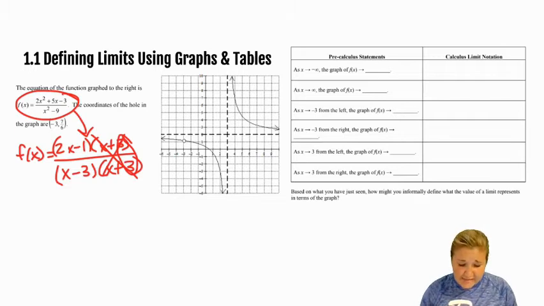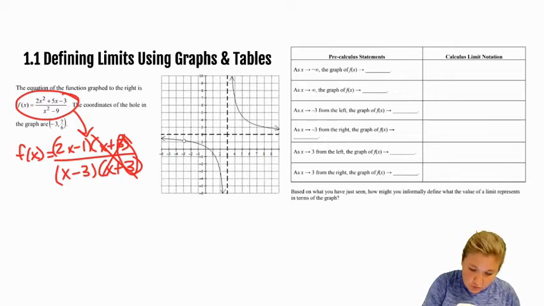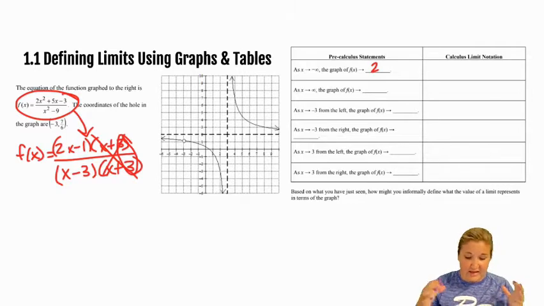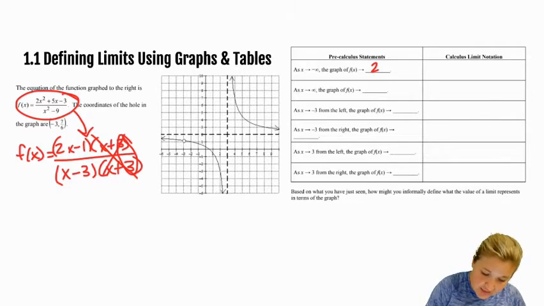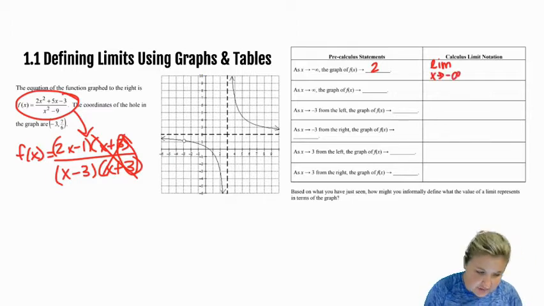So here we go. Here's a pre-cal statement. As x approaches negative infinity, some sort of beginning behavior, the graph of f of x is actually going to be approaching 2. How we say that in calculus is that we would say the limit as x approaches negative infinity of f of x is equal to 2.